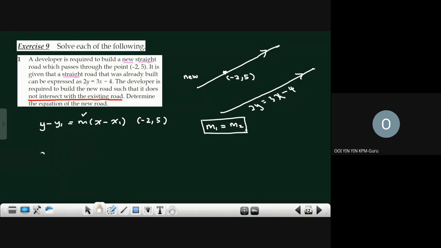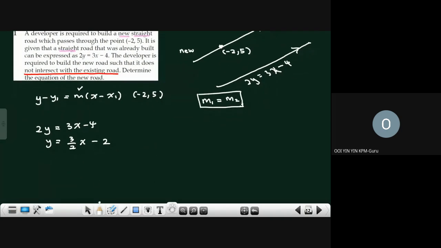Your 2y equals 3x minus 4, and then y equals 3 over 2 x minus 4 divided by 2. So from here we can get our m. Our m is 3 over 2.